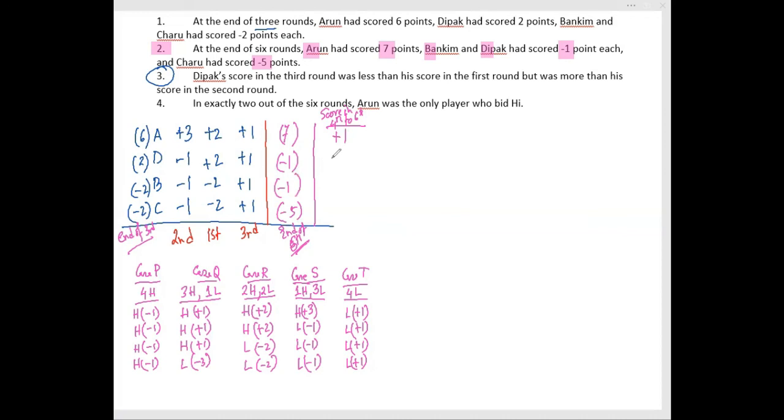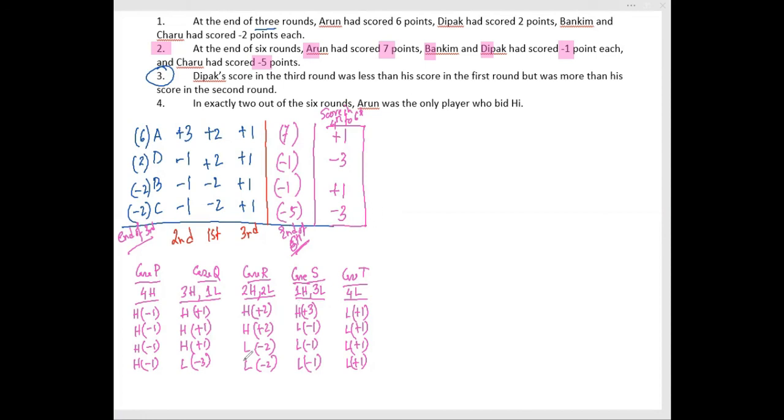That means it should be -3. It would be -2, -1. So it is +1. And similarly, it is -3. These are the scores I need to fit for the next 3 rounds. How can I do this? The way I did the first 3, how can I do this one?